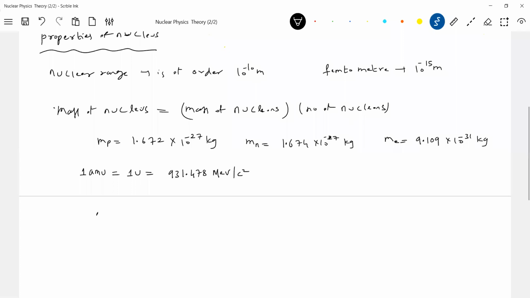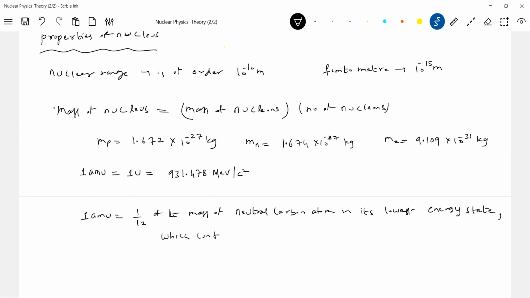1 AMU is equal to 1/12 of the mass of a neutral carbon atom in its lowest energy state, which contains 6 protons, 6 neutrons and 6 electrons.